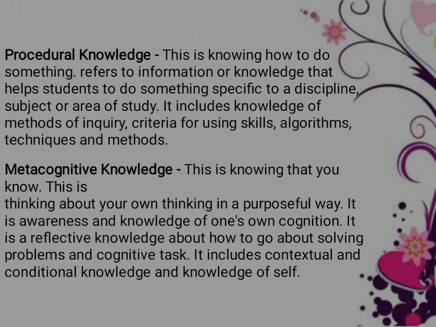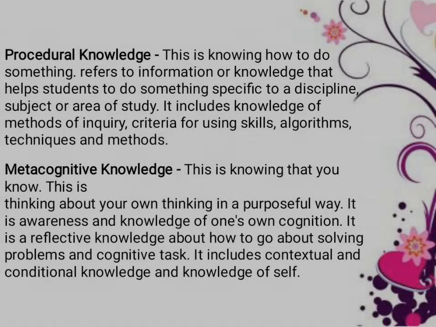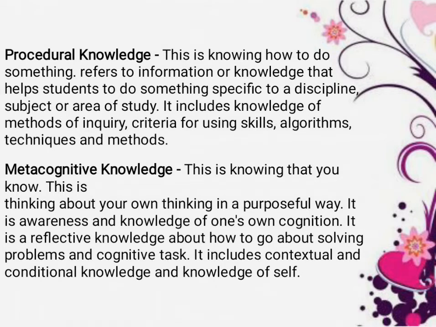This is thinking about your own thinking in a purposeful way. It is awareness and knowledge of one's own cognition. It is reflective knowledge about how to go about solving problems and cognitive tasks. It includes contextual and conditional knowledge and knowledge of self. This is the revised version from the original by Anderson, L.W., and Krathwohl.